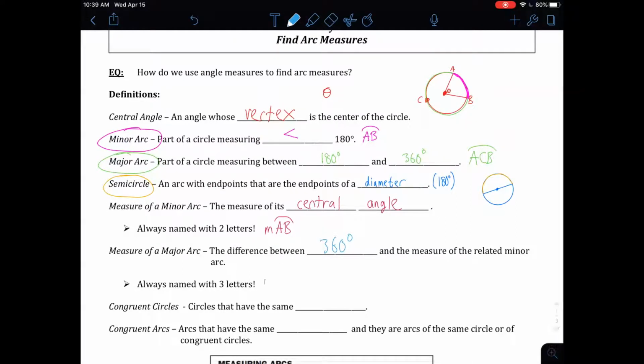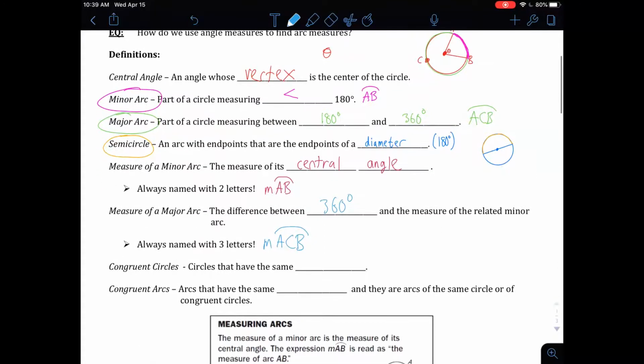That's going to be measure of, you can do ABC or ACB. I'm going to do ACB because usually if we do the minor arc with the two letters, then we go the other way around. If the two letters are right here, we go all the other way around. You could have also done BCA. That also would have worked. Okay? So that's the measure of major arc ACB.